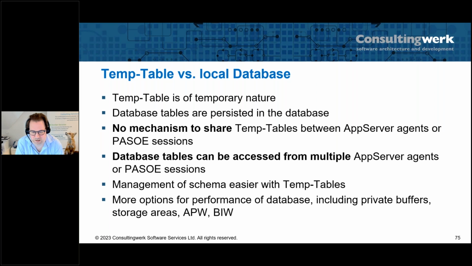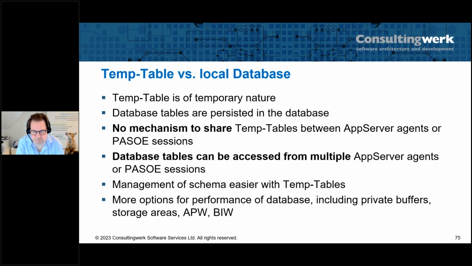You can use APWs, BIWs, and whatever. I'm not the best database tuner in the world to list all of the database tuning options. But there is just more tooling available to make databases perform great compared to Temp-Tables. The other thing is the buffer pool for databases is only limited by the physical memory that we have.